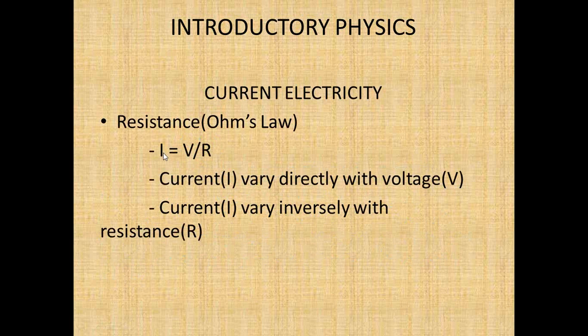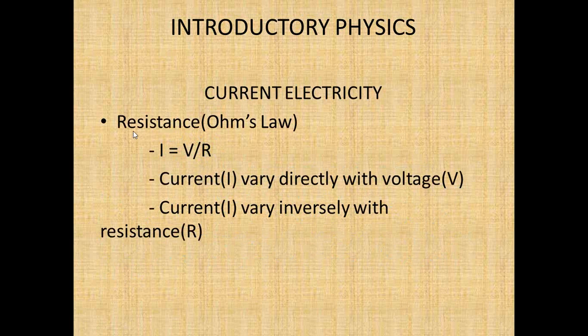All right, so you have to remember this equation. You can rearrange the equation, and then your current is equal to the electric potential difference divided by the resistance. The current is going to vary directly with the voltage, and inversely with the resistance.